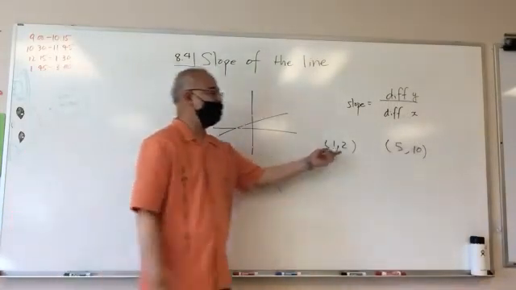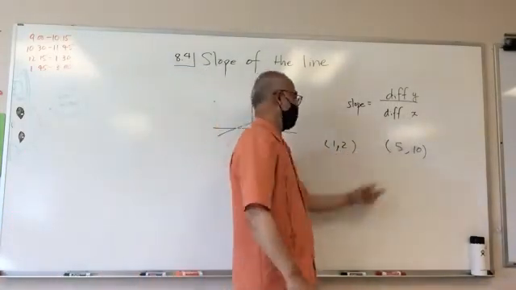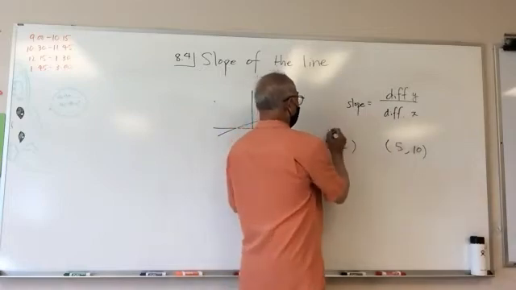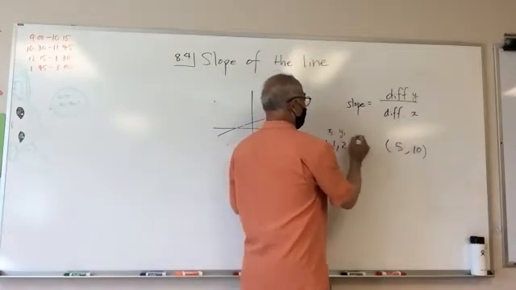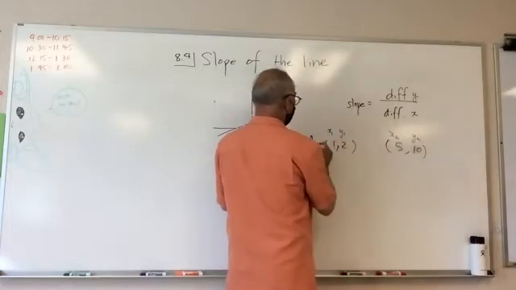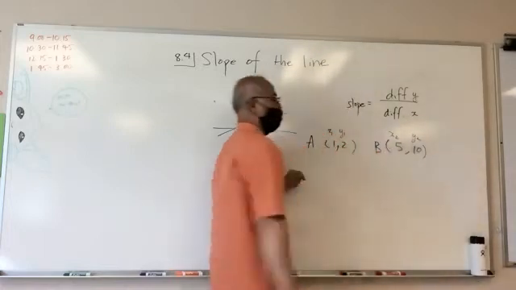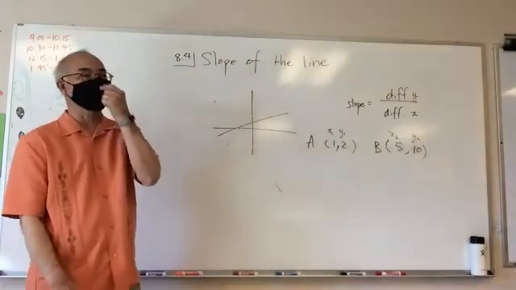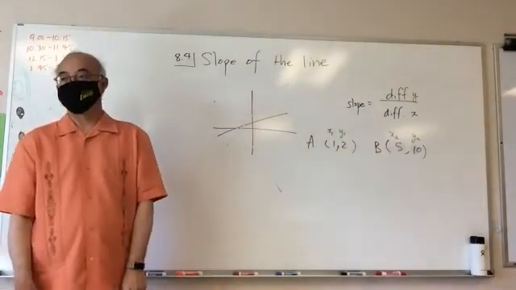I have 2 points, point 1, point 2. We'll call this x1, y1, and we'll call this x2, y2. We'll call this point A, point B. So I'm trying to find the slope between point A and point B.